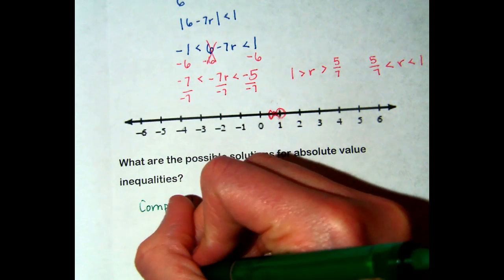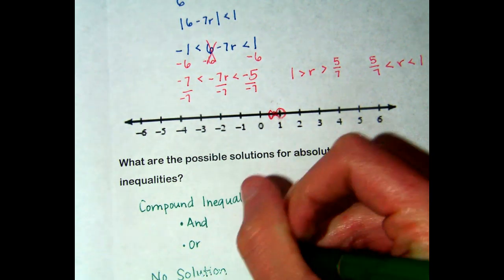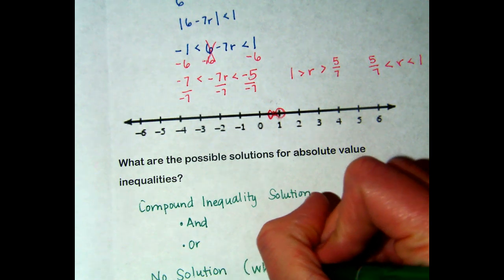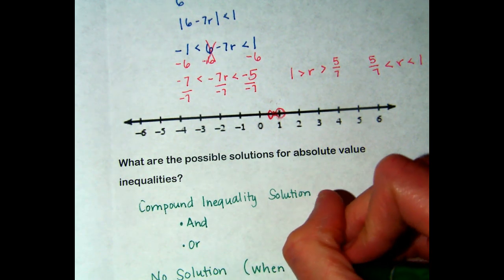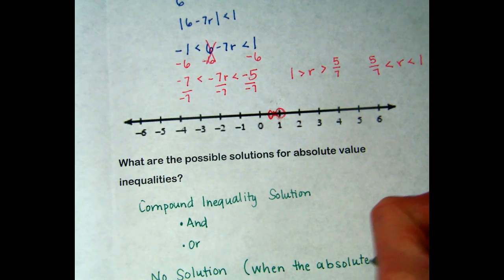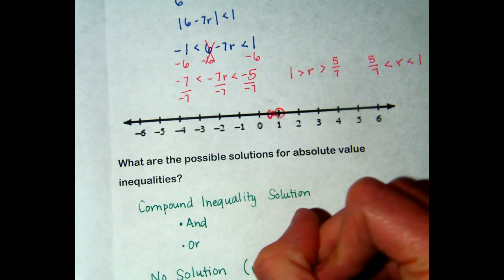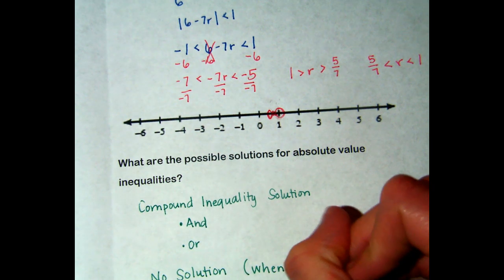You could have a no solution when the absolute value is less than a negative number.